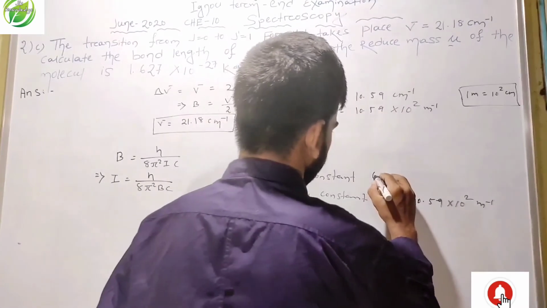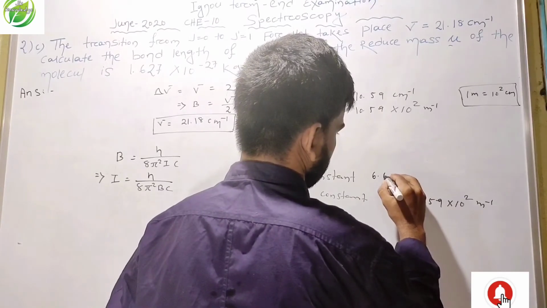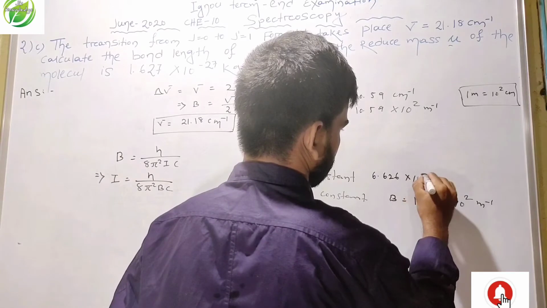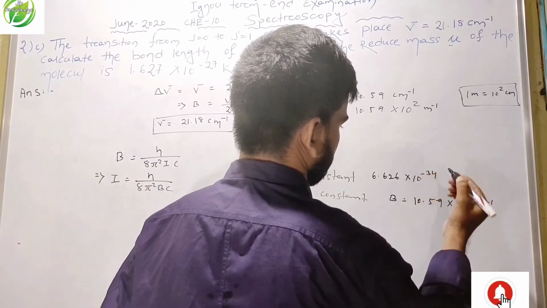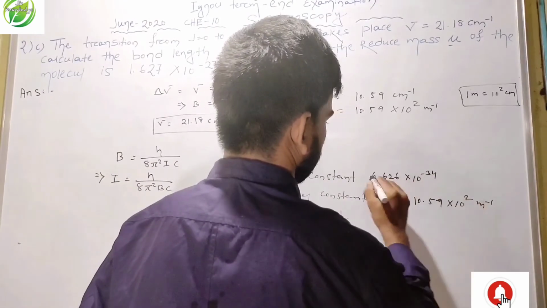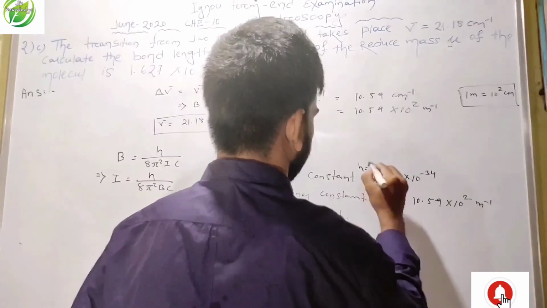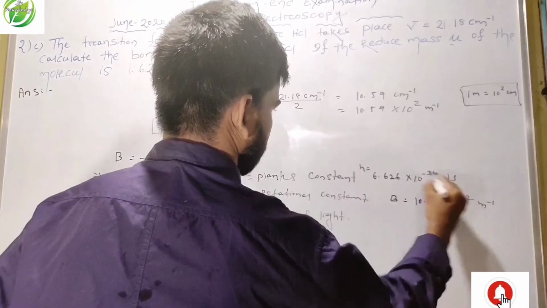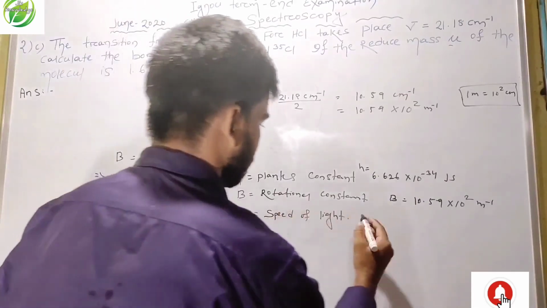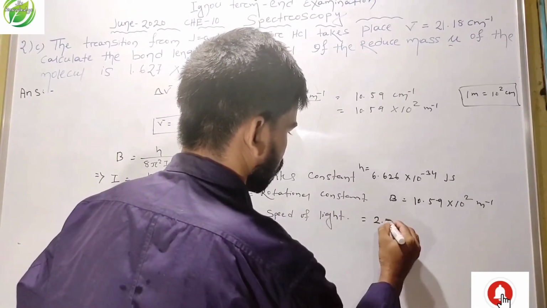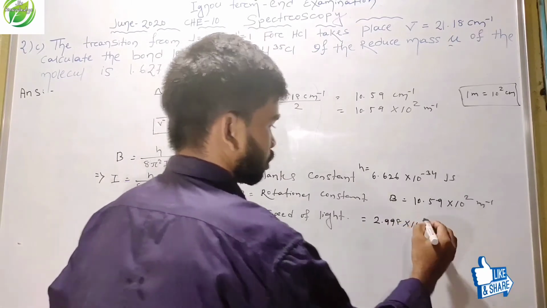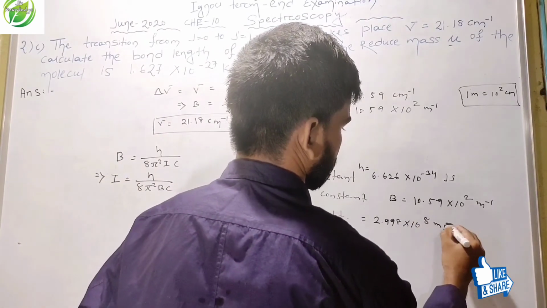The Planck constant h is 6.626 × 10⁻³⁴ J s, and the speed of light is 2.998 × 10⁸ m s⁻¹.